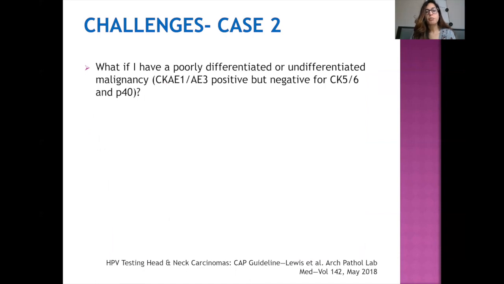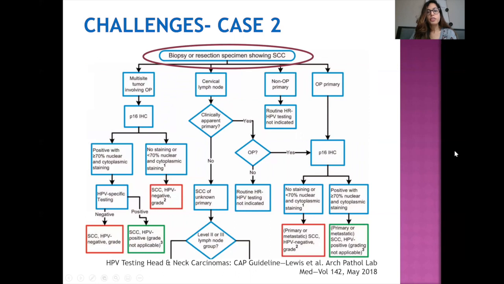What if I have a poorly differentiated or an undifferentiated malignancy? So it's AE1/AE3 positive or broad spectrum cytokeratin positive, but it's negative for squamous specific markers such as CK5/6 and P40. The first part of the algorithm is biopsy or resection showing squamous cell carcinoma.